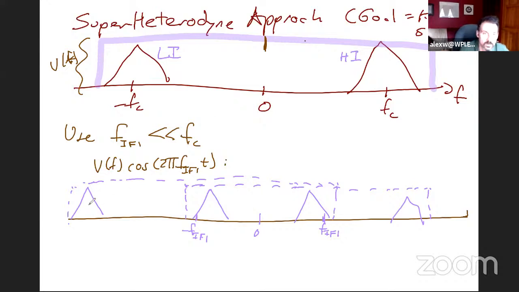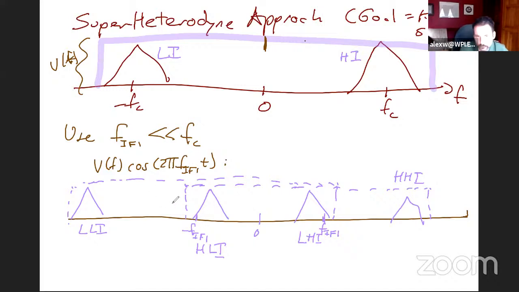So now what we got is lower image, lower higher image. This is higher image. And this is higher lower image. Okay. So that's a little bit of a trick.